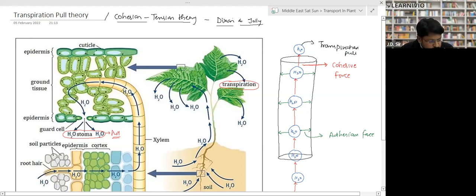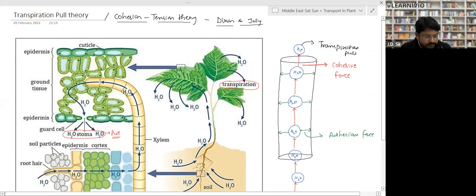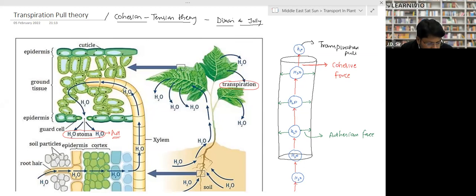Right. So start writing now. The transpiration pull theory or cohesion tension theory was put forward by Dixon and Joly in 1894.